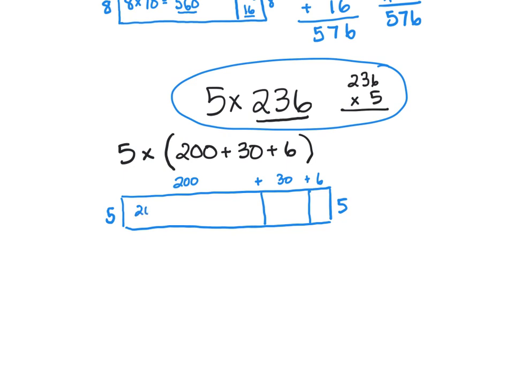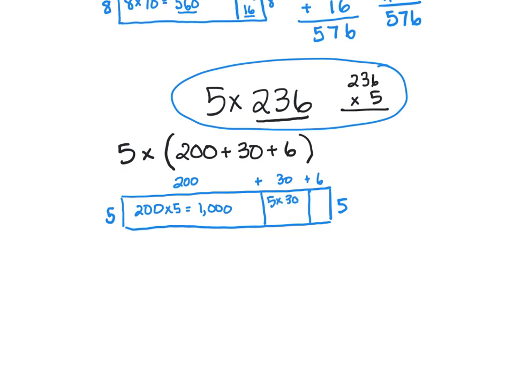So 200 times 5 equals 5 times 2 is 10, and then 10 times 100 will be 1,000. If you put down 100, that doesn't make sense, so just double check your work. Then I'm going to do 5 times 30.